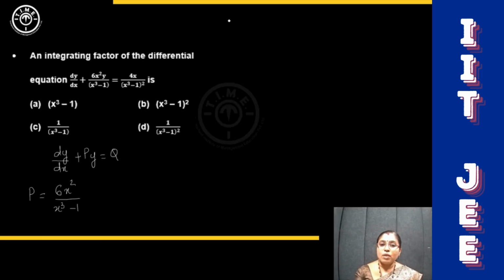Now integrating factor IF is given by e raised to integral p dx, that is e raised to integral 6x square by x cube minus 1 dx. To integrate this, let us substitute u is equal to x cube minus 1.